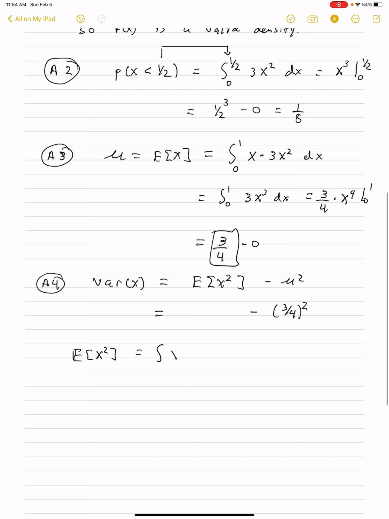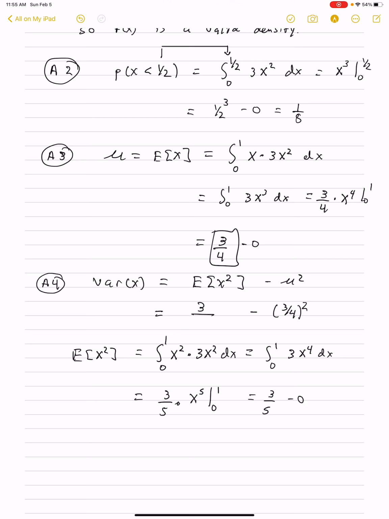Well, we integrate x squared times f of x from 0 to 1, and we're going to get the integral from 0 to 1 of 3x to the 4th dx. This will be 3/5 times x to the 5th, evaluated at 0 and 1, so 3/5 minus 0. The second moment, E of x squared, is 3/5, so the variance is 3/5 minus 3/4 squared. And this is the variance.